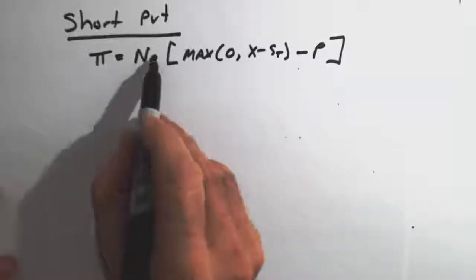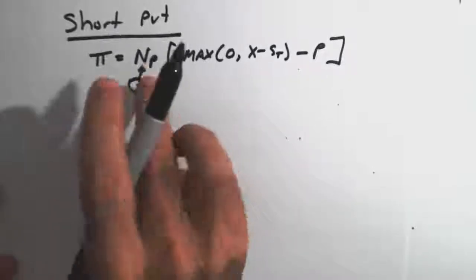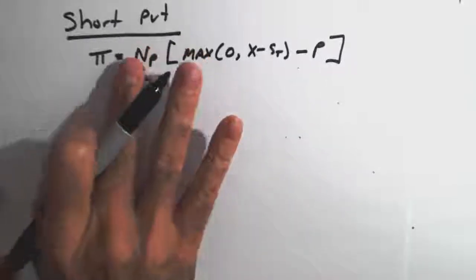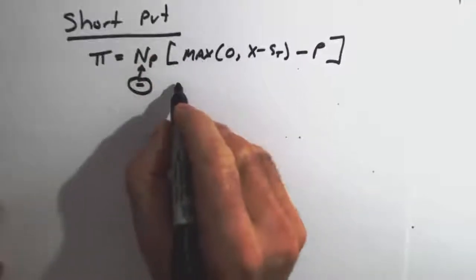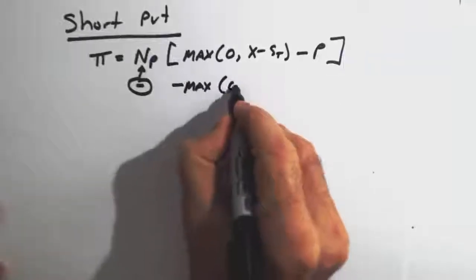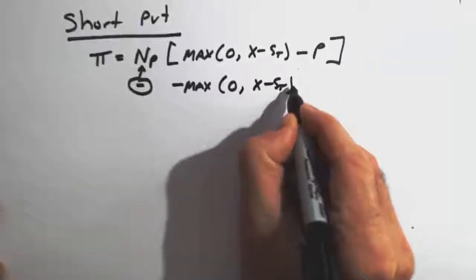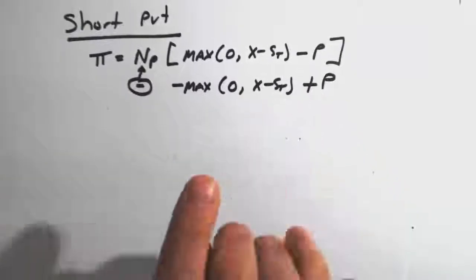In this case, we're shorting, so this is going to be a negative sign. And we'll just assume that we're going to short one share, so we don't have to keep dealing with this NP. This is just going to be negative. And so it's negative the maximum, plus, distribute that negative sign, plus the premium collected.